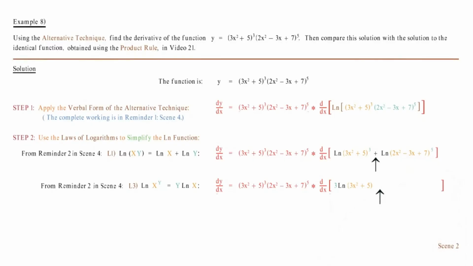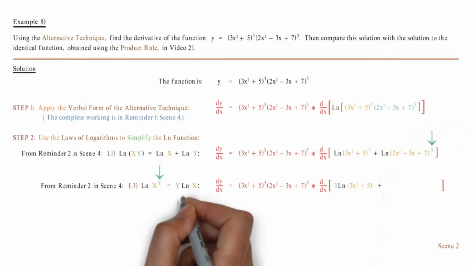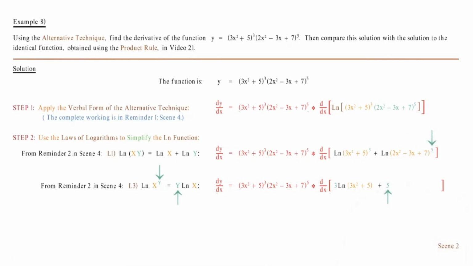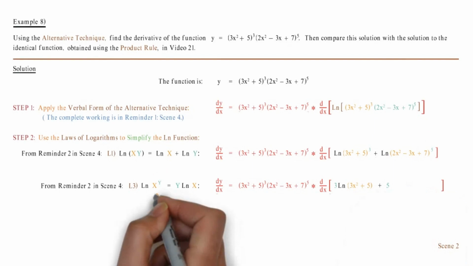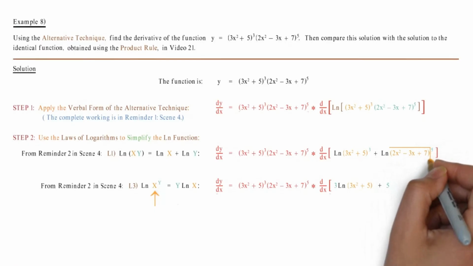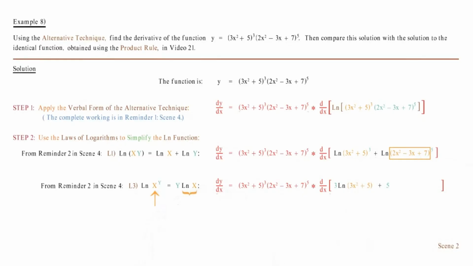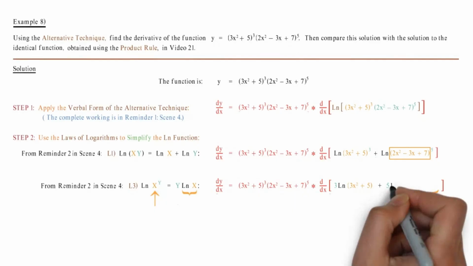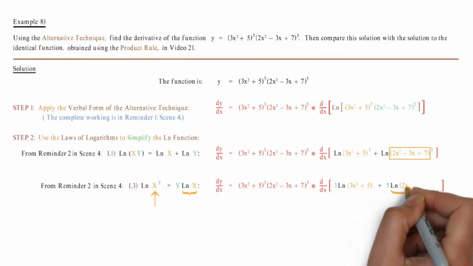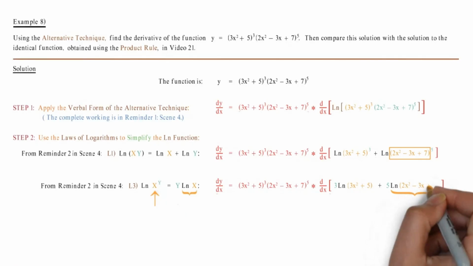Plus is plus. Since y is 5, replace y with 5. Since x is 2x squared minus 3x plus 7, times ln of x is times ln of 2x squared minus 3x plus 7.